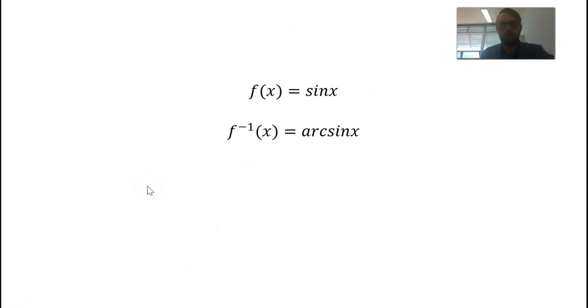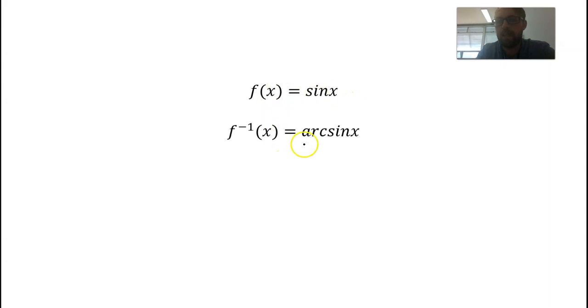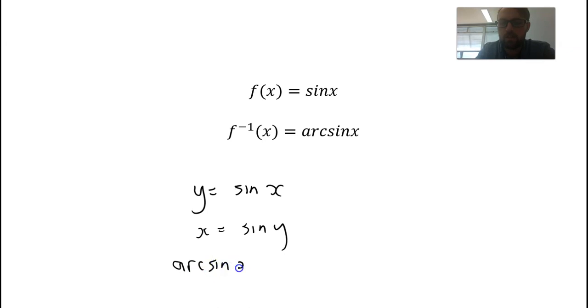Now I'll have a look at one more thing, mainly because it's cool. So the sine x and its inverse. So if I have y equals sine of x, and I use the variable exchange method, so x equals sine of y. The way I remove my sine from this side and take it to that side is I have to go arc sine to both sides.